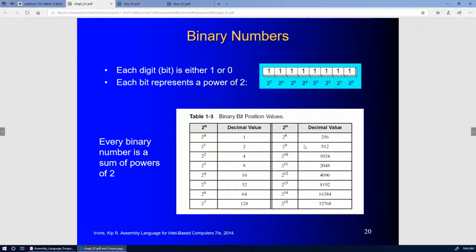And so these values here are values that you should try to memorize if you haven't already in your life: 1, 2, 4, 8, 16, 32, 64, 128, 256, 512. 256 is important because it's 2 to the 8th. 4096 is important because that's 3 bytes. 32,768. The next one is 16,384, which is 2 to the 16th, which is 4 bytes.